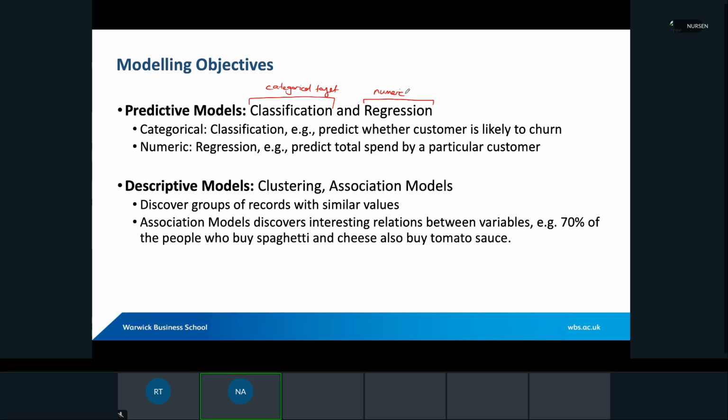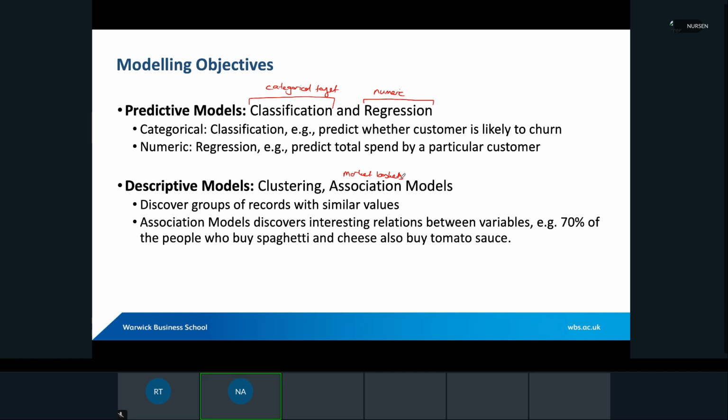On the other hand, in association models, we are trying to identify interesting relationships between features. This is widely used, for instance, in market basket analysis by supermarkets: which products are actually purchased together. There's an example here, like 70% of the people who buy spaghetti and cheese also buy tomato sauce.